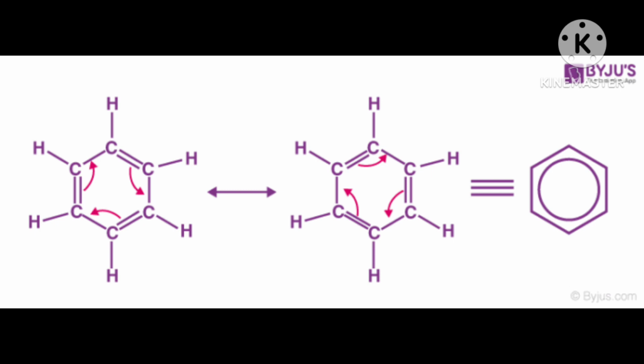Now here you can see the first structure I told you, and the second structure can also be there. Now this one carbon is attached with a single bond to oxygen, and the other oxygen has a double bond, but it has a positive charge.